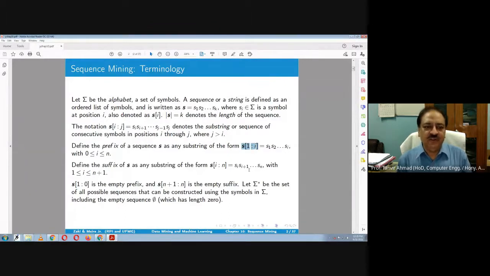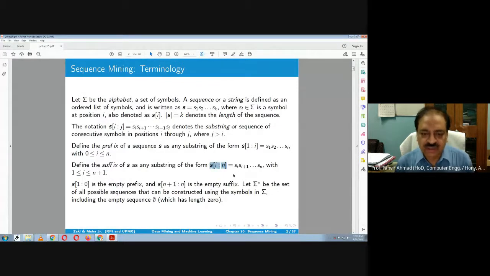Now the suffix comes at the last, so it is the substring of the form i to n, starting from i and ending at n. That means the prefix of a sequence S is any substring of the form S1 to i, and any suffix of S is a substring from i to n.